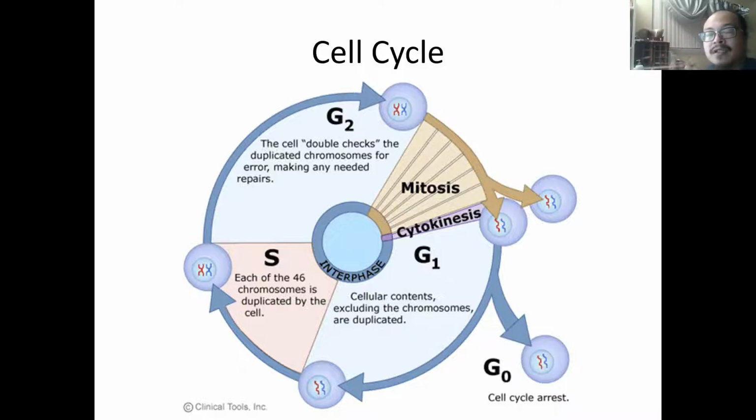Those will generate an unlimited number of stem cells, and then those stem cells can be differentiated into specific white blood cells. So that's the different stages of the cell cycle.